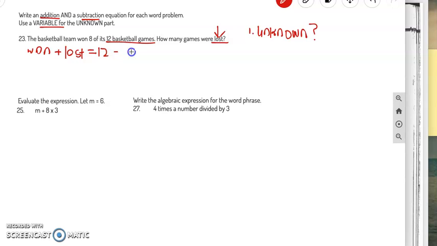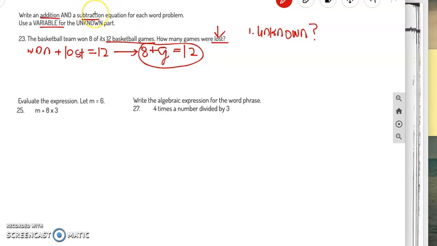So this will translate into they won 8. So 8 plus, we don't know how many they lost, so the variable, I'm going to do G for games. 8 plus G equals 12. 12 total games. So this is going to be our addition answer.